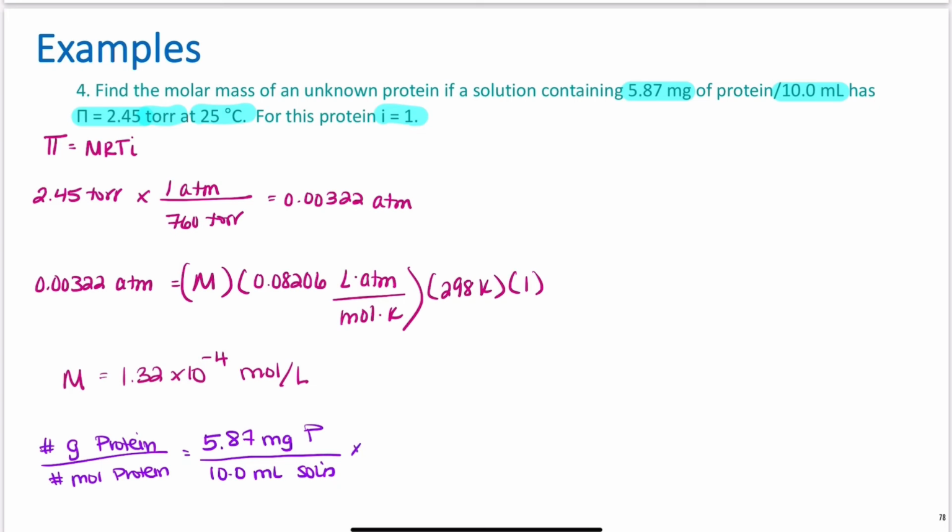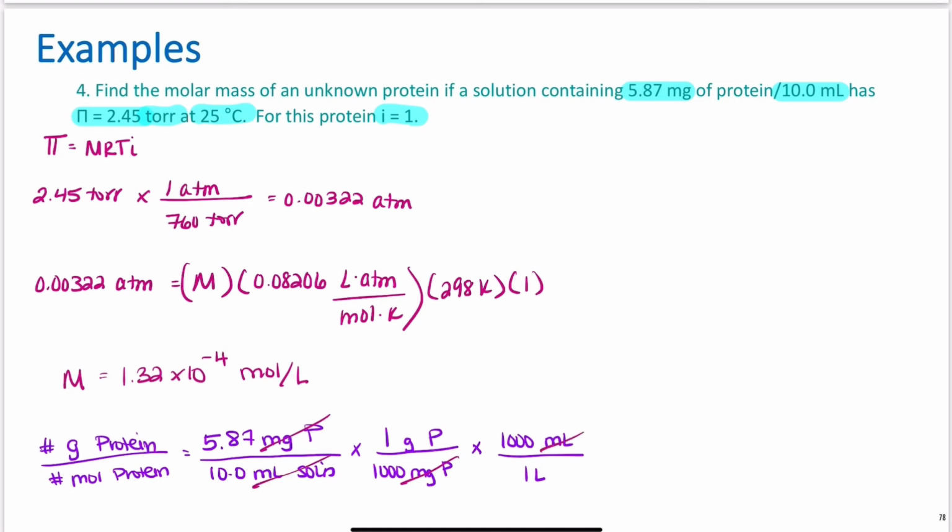I'm going to convert that to grams. I know 1 gram of protein is 1,000 milligrams of protein. Also going to convert the milliliters to liters. I know 1,000 mL is 1 liter. So let's see where we're at right now. I've converted my milligrams of protein. I've converted my mL of solution.